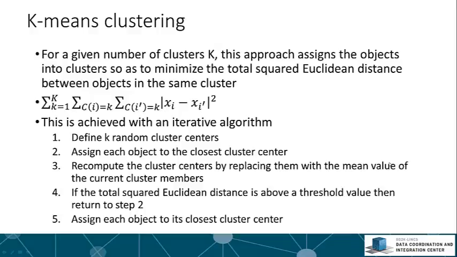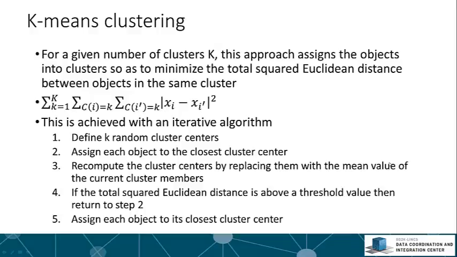So the algorithm is initiated by first defining k, which is this parameter that defines the number of clusters that we expect. Then we choose k random cluster centers. Then each of our objects is assigned or associated with the cluster center which it is closest to, which it's most similar.